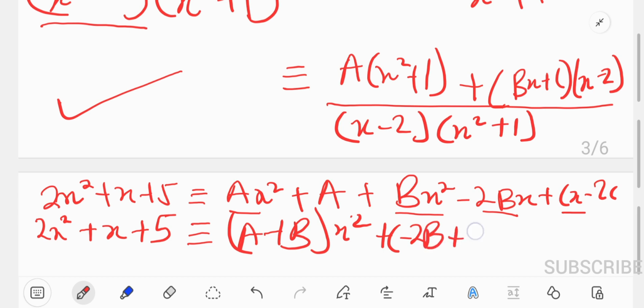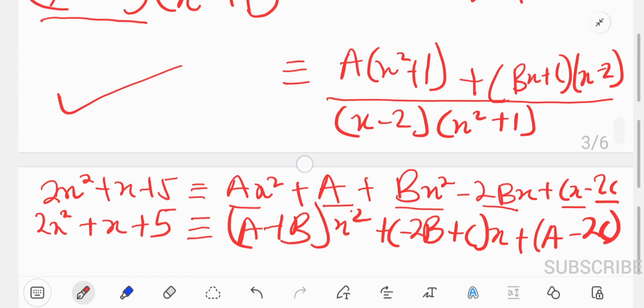So minus 2b plus c, and then this is a constant, this is also a constant, so we put them in one bracket as well. So this is what we are now having, right? So from here, what we are going to do next is to compare the coefficients and resolve them simultaneously.